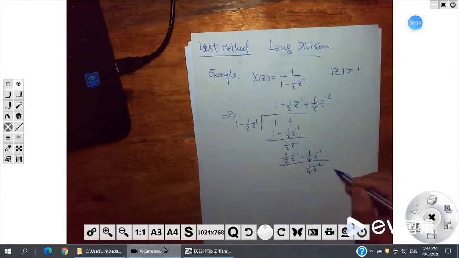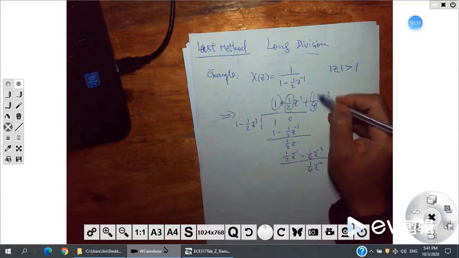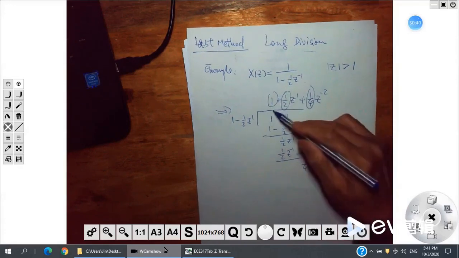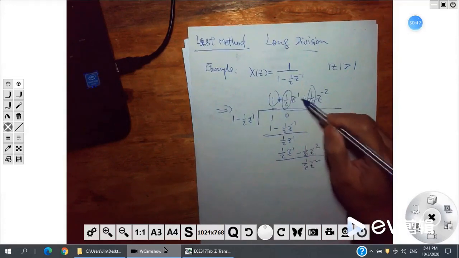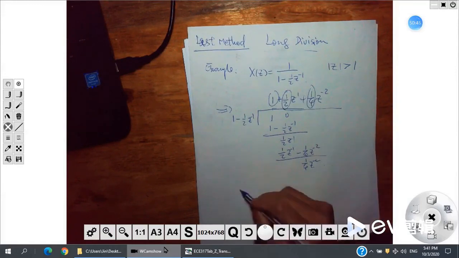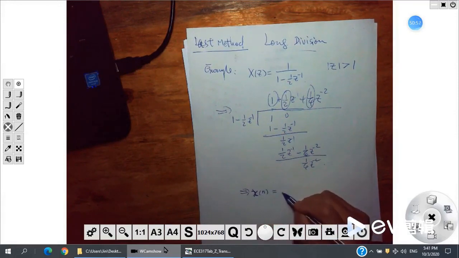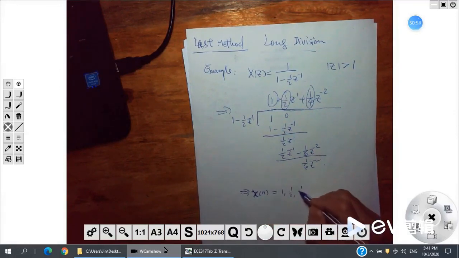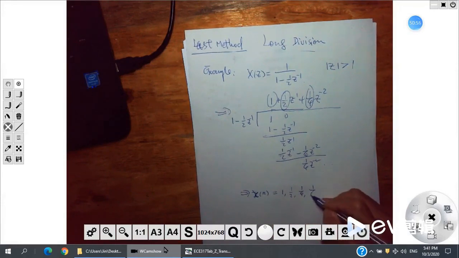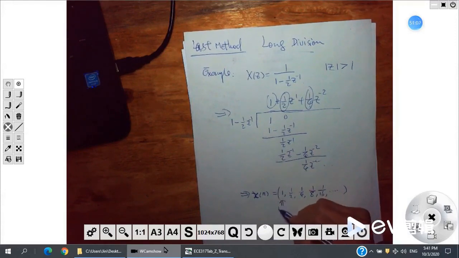Right? And then we know we use the first method. This is a summation of some terms with z to some power. So we have x(n) in the time domain. There will be 1, 1/2, 1/4, and you can imagine it will be 1/8, 1/16 and so on. And here is n equal to 0.